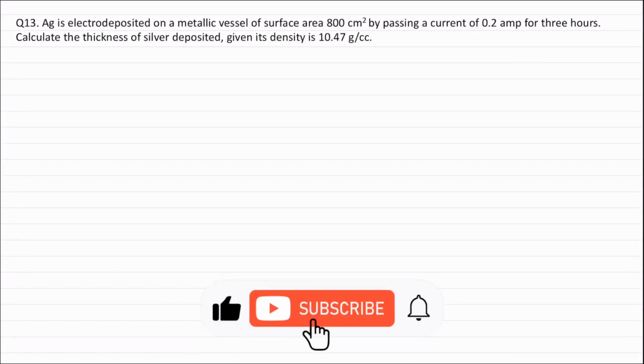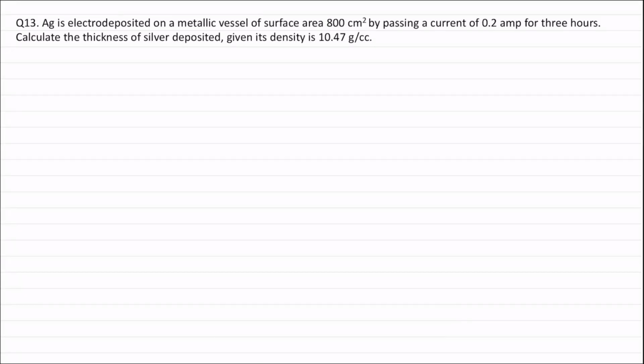Question 13. Silver is electrodeposited on a metallic vessel of surface area 800 cm square by passing a current of 0.2 ampere for 3 hours. Calculate the thickness of silver deposited given its density is 10.47 gram per centimeter cube.